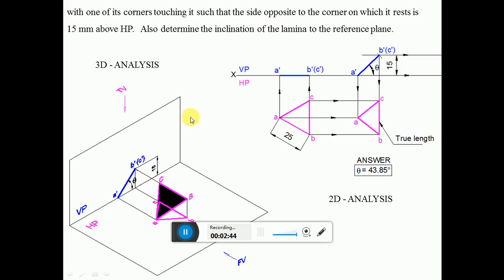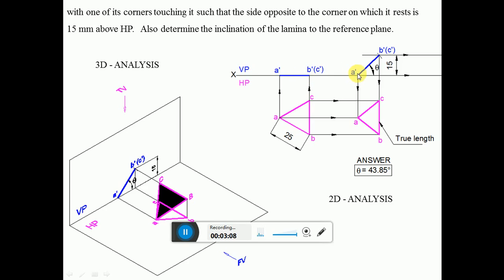When you transform it to a 2D sketch, you can see A dash is resting on HP, and the side opposite to the corner is 15 mm above HP. From the XY line you draw a 15 mm parallel line, then measure the length from A dash to B dash.